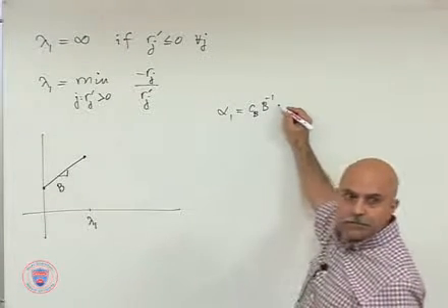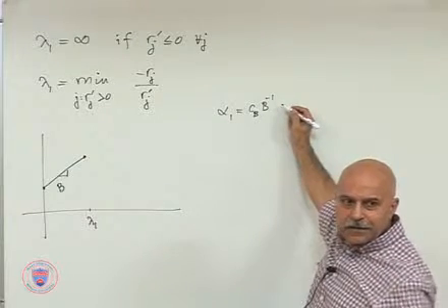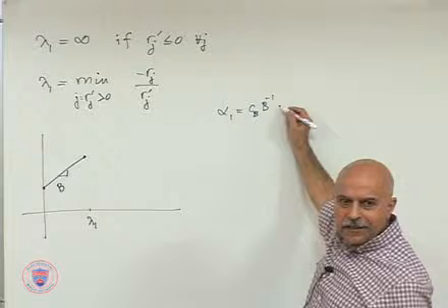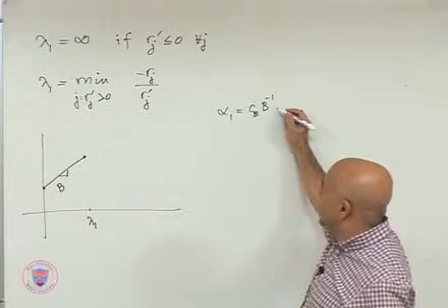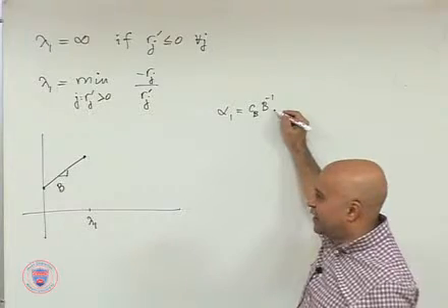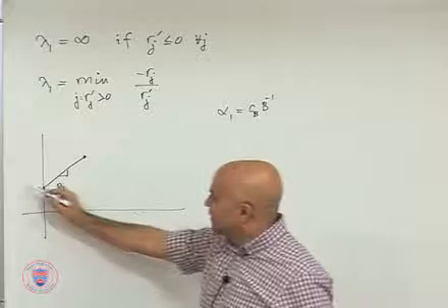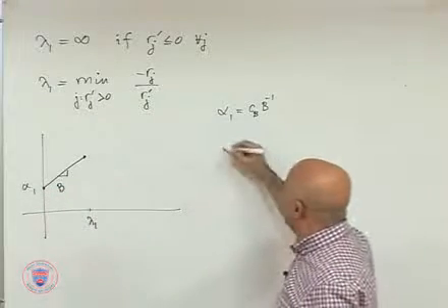Alpha 1 was the intercept. Yes, that's what I'm asking. Okay, fine. This is alpha 1 here, beta 1.